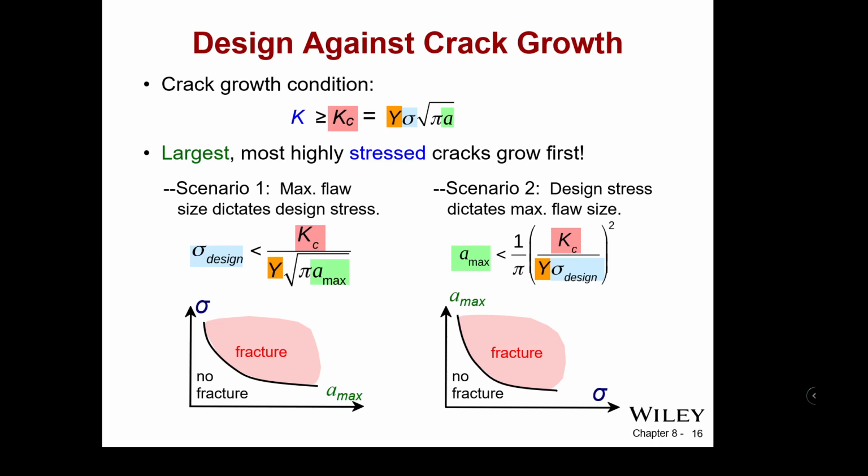So the important thing to understand out of all of this is, where does the fracture occur? Well, it occurs above this threshold. So we want to keep it underneath this threshold, regardless of which scenario we're evaluating, but it allows us to understand, based on this fundamental equation, how we can design the material.